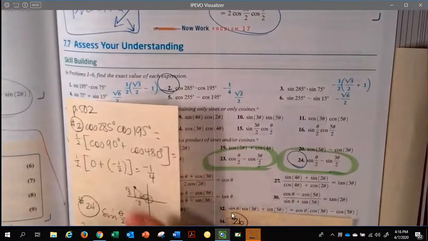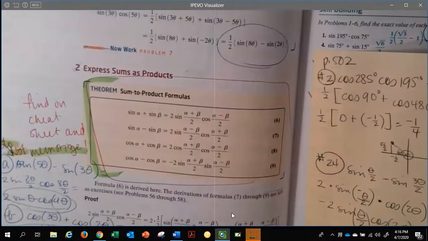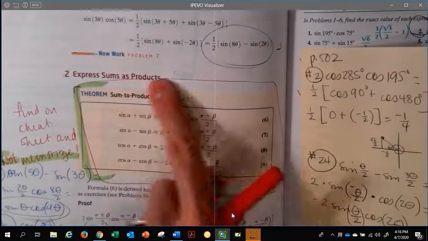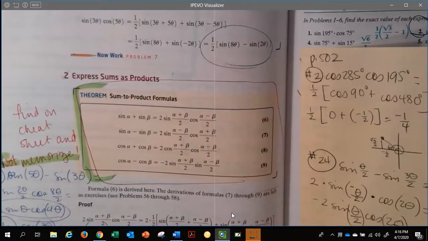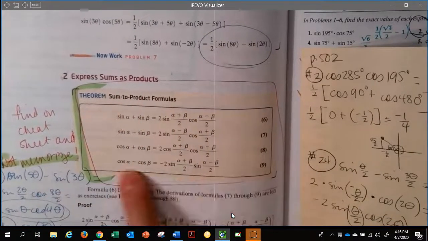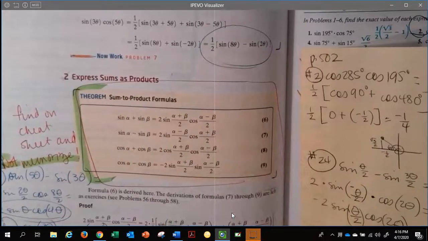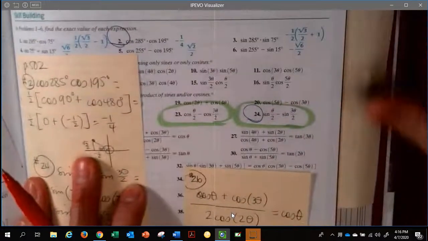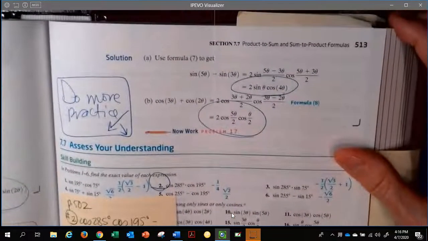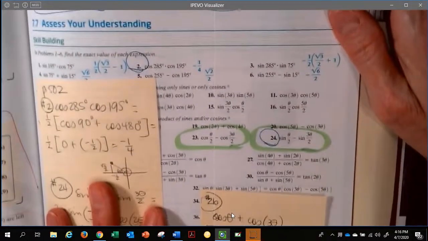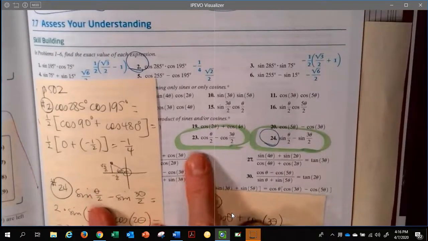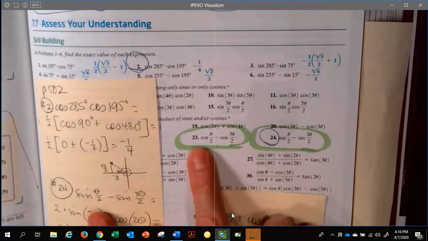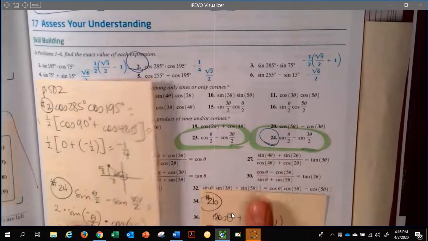You need to know how to use it, as well as this clip here, which is on page 512. I'll have these exact formulas on the test. What you need to know is how to use them. So, trying to get you as much information that looks like the test as possible, I'm sitting on page 513, and you need to know how to do 23 and 24.